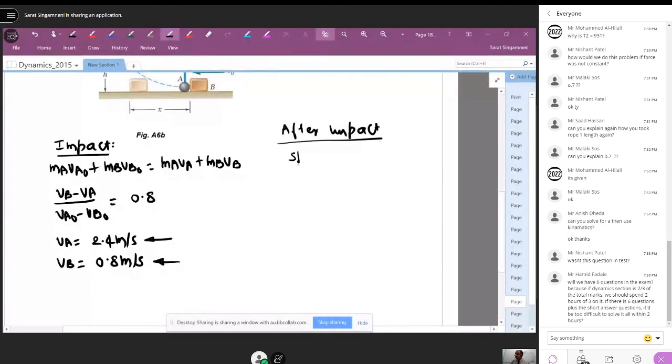For the sphere, energy is conserved. What it means? T1 plus V1 equal to T2 plus V2. From that, we will be able to calculate H equal to 0.2936 meter.